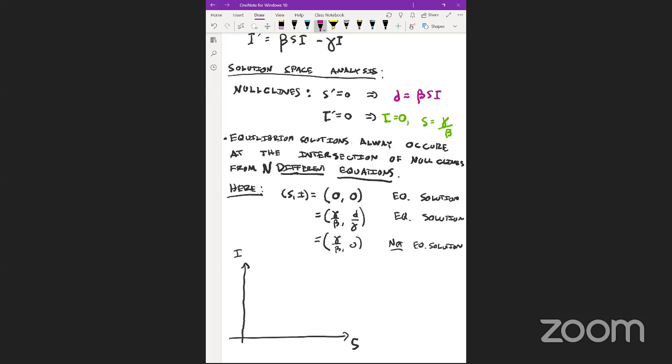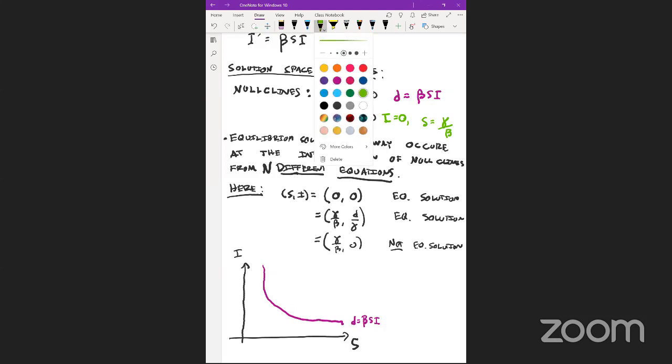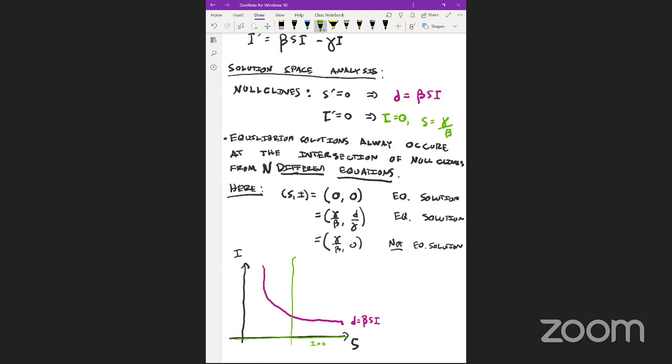I equals 1 over S. And then we have our two null clines for I prime. So one is I equals 0, and the other one is S equals gamma over beta.